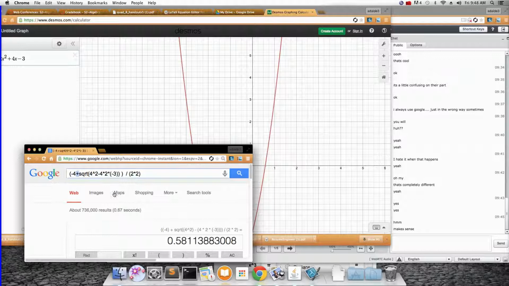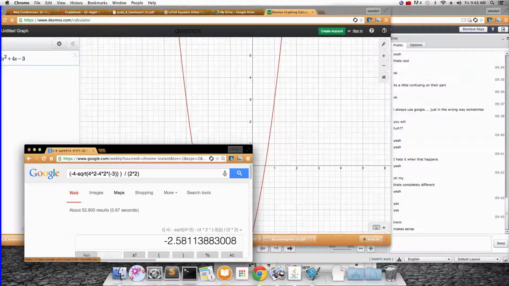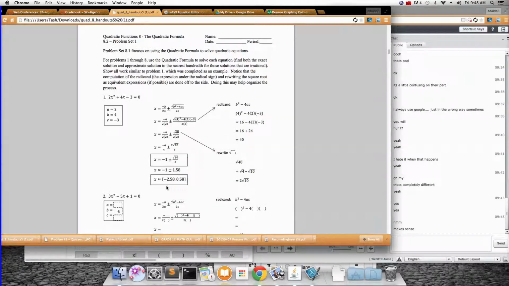I'm going to have the calculator do the whole thing for me one time. Negative 2.58. If I go to Desmos, negative 2.58. Awesome. That's awesome. So the answer is negative 2.58 and 0.58. Are we cool?